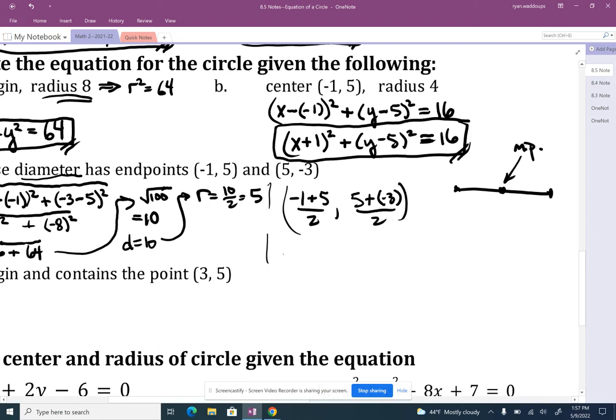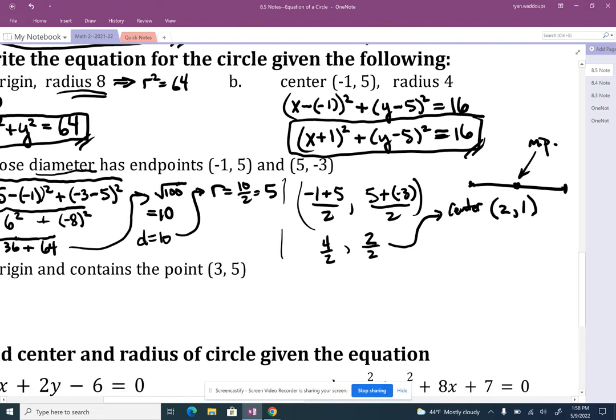And that means that -1 plus 5 is 4 divided by 2, and 5 plus -3, that's 2 divided by 2. And that means that I have the center, which is the midpoint of the diameter, at the point 4 divided by 2, which is 2, and 2 divided by 2, which is 1.